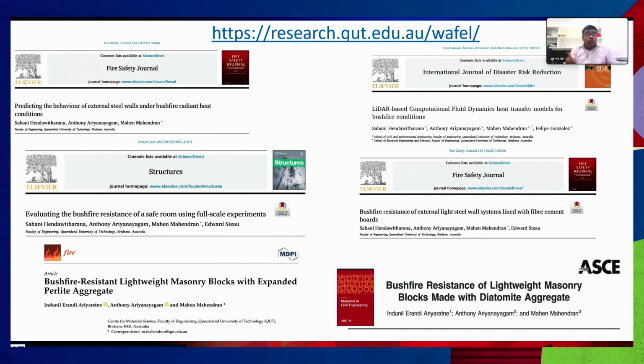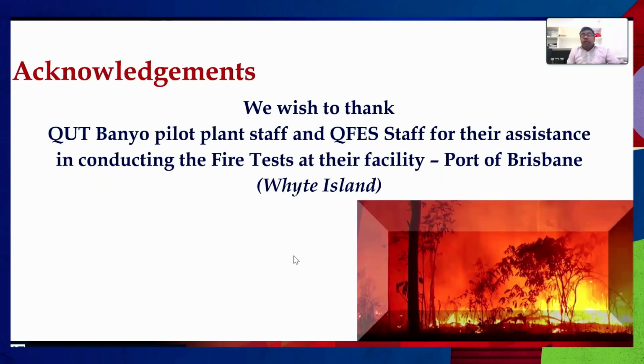One application could be a bushfire safe room, because we are going in that direction. So we need very highly fire resistant materials. One way of doing this is adding some materials and aggregates into the normal besser block to make it very enhanced. All these details you can obtain from the QUT Wind and Fire Lab research papers.